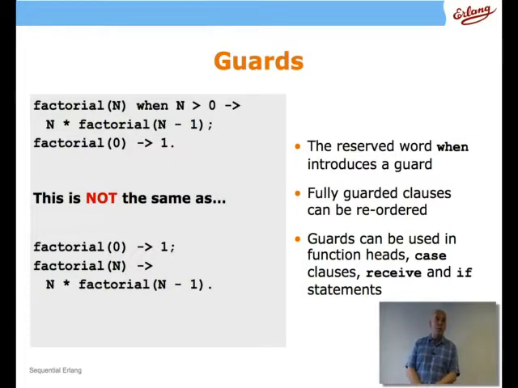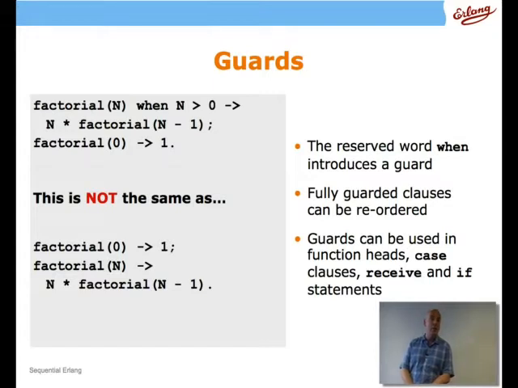What we see in the top clause now is that the when keyword introduces a guard in the head of the function clause. So that says this will match any input n, but only if that input n is greater than 0. So implicitly that says n will have to be a number and n will be greater than 0. Now we can say explicitly that n has to be a number, and we'll come back to that in a second. But for the moment you can see that this clause will only apply now when n is a number greater than 0. And then the second clause will apply when the number is 0 itself.